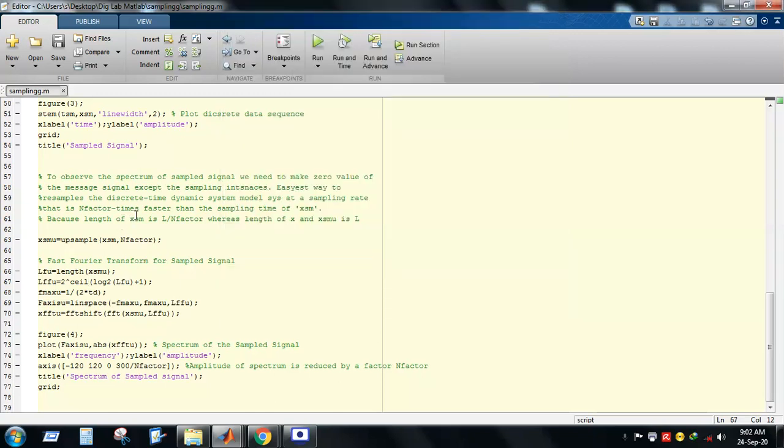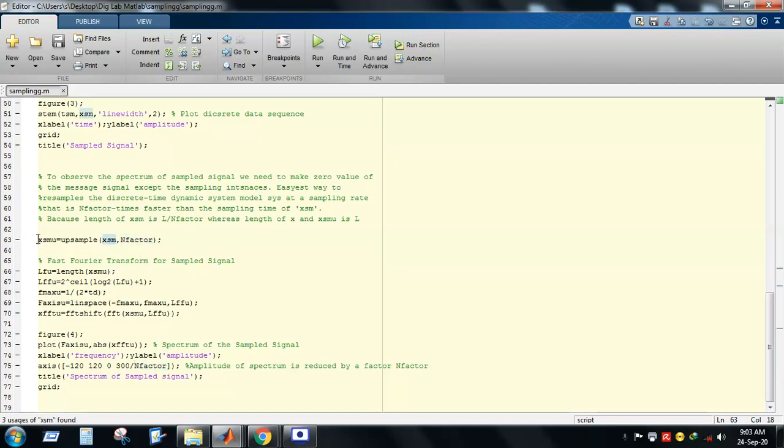The easiest way to perform this is by using the keyword upsample. By using this command, we resample the discrete time model at a sampling rate n factor times higher. That means xsm consists of 51 values, but we multiply it by 10 times, and ultimately get 501 sampling instants, and all the instances between two successive instances of our xsm become 0.